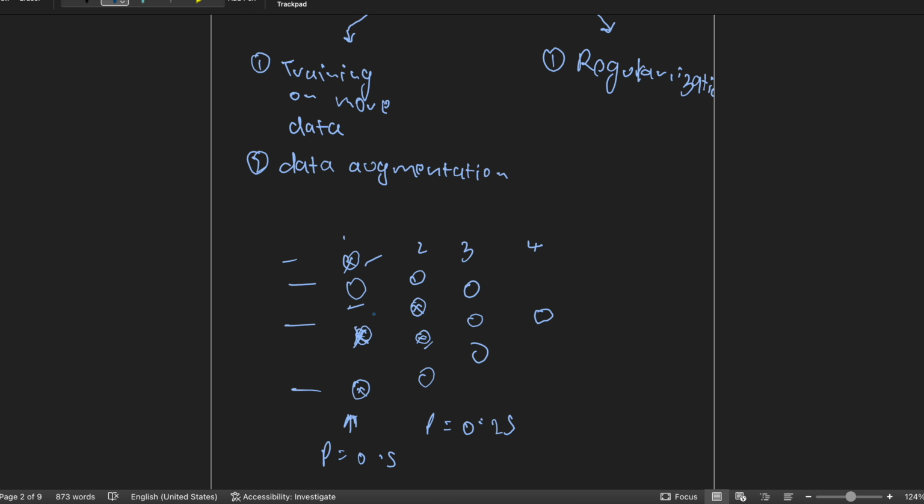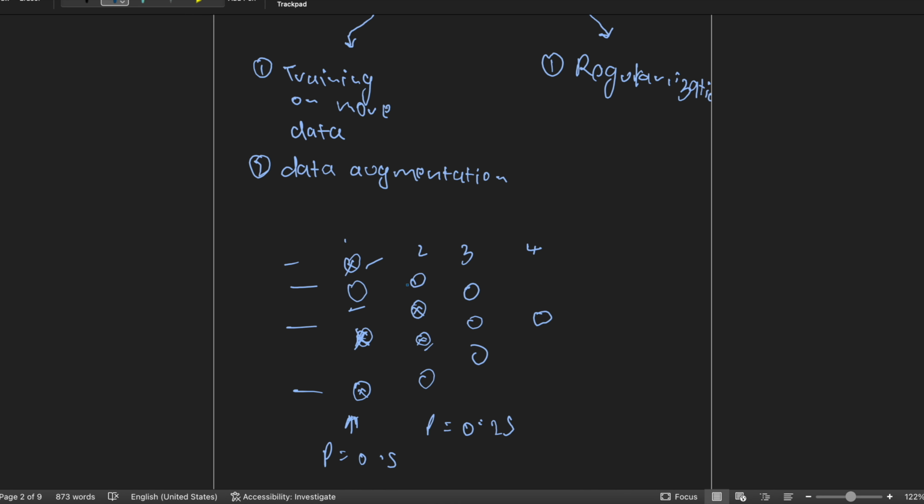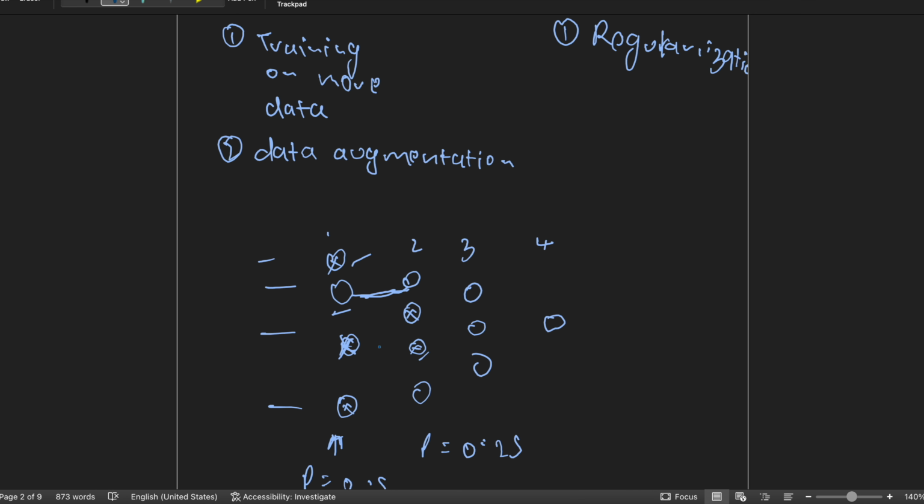So if I suppose these two are zero, basically the lines coming out from the layers which are not crossed will only matter, and the other layer things will not matter.